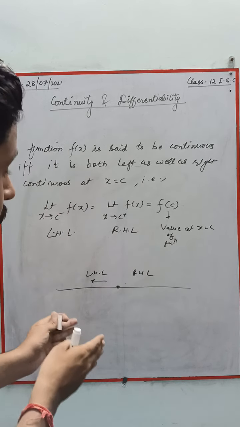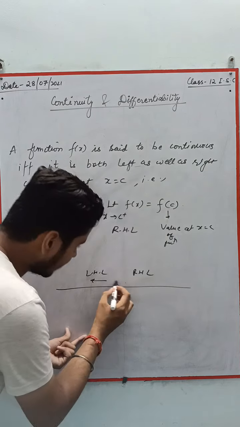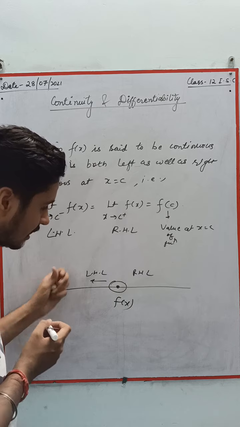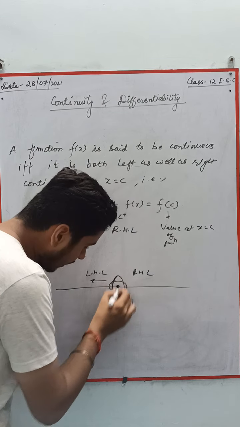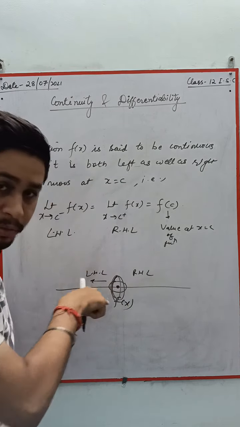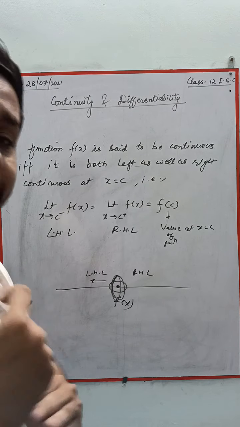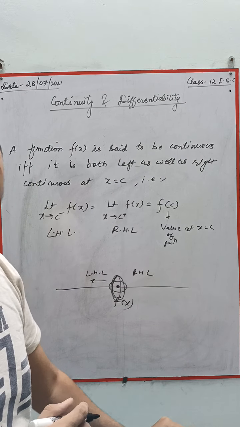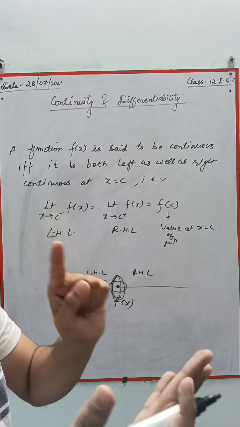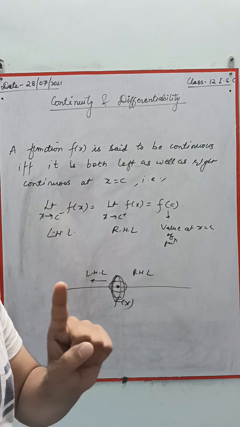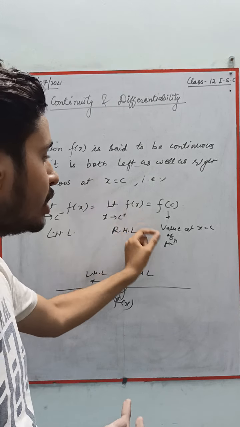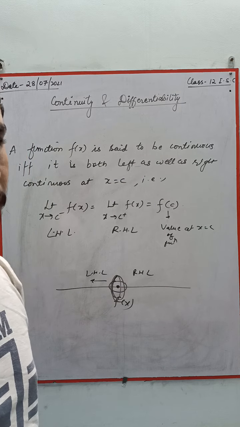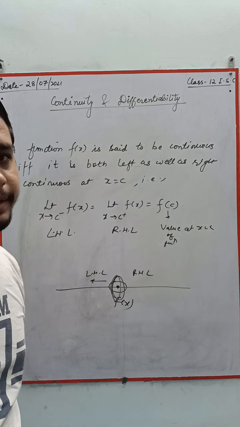So if this is our function, we check its left hand limit, its right hand limit, and the value of the function at that particular point. Are these three equal or not? If they are equal, then we say it is continuous. So to check continuity, we need to check the LHL, the RHL, and the value of the function at the point where we have to prove whether it is continuous or not. I hope this definition is clear to you.